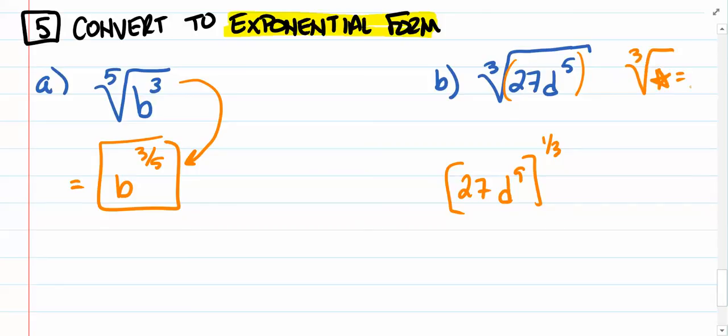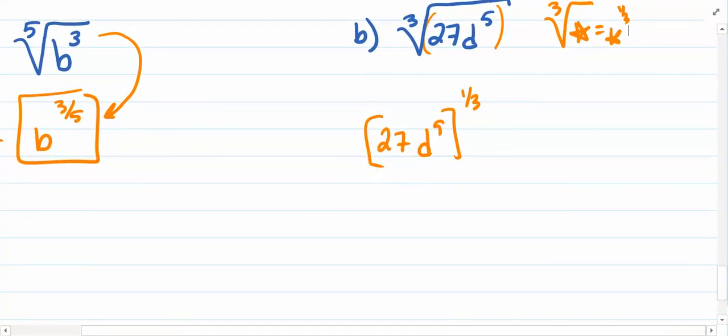And my star just happens to be 27d to the 5th. Now remember our rules of exponents. Let me move over a little bit. If I am raising a product to a power, then everything gets raised to that power. So this is going to be 27 to the 1/3 power times d to the 5/3 power. Because I am multiplying a power to a power. That's where that 5/3 comes from.